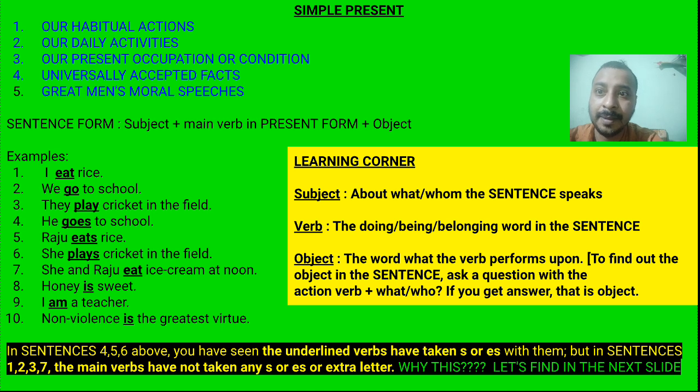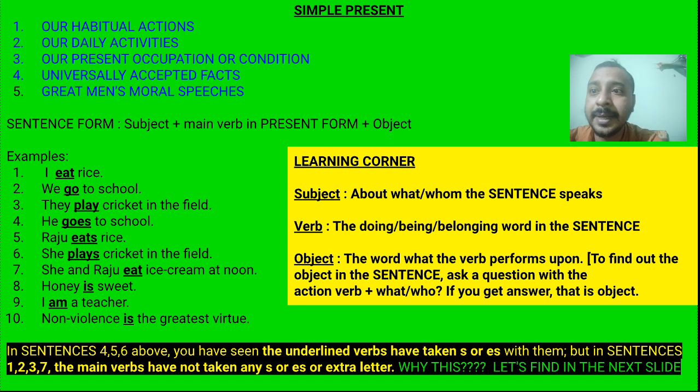Yes or no? Crows are black. If you say crows are white, people will laugh at you, or maybe they will think of you as someone foolish. So these kinds of sentences are simple present tense sentences, and for these expressions we need simple present tense.